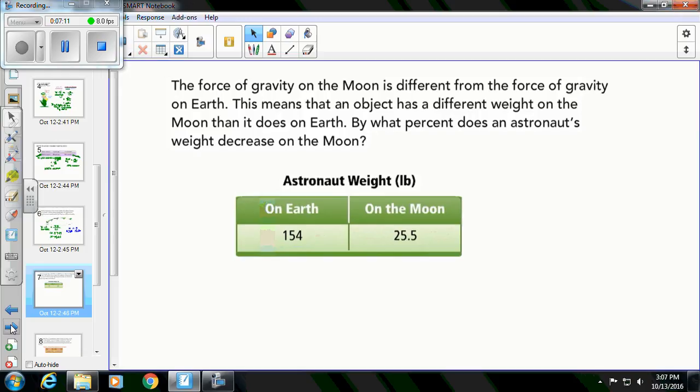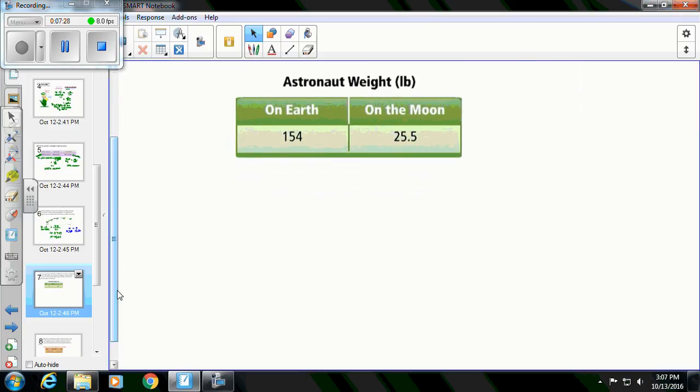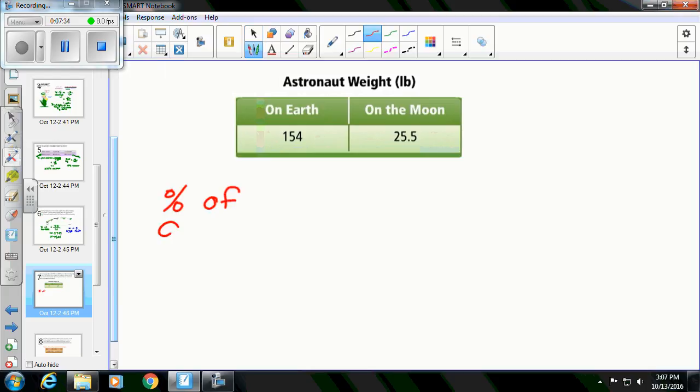Moving right along. The force of gravity on the moon is different from the force of gravity on Earth. This means that an object has a different weight on the moon than it does on Earth. By what percent does an astronaut's weight decrease on the moon? So, percent of decrease, same formula.